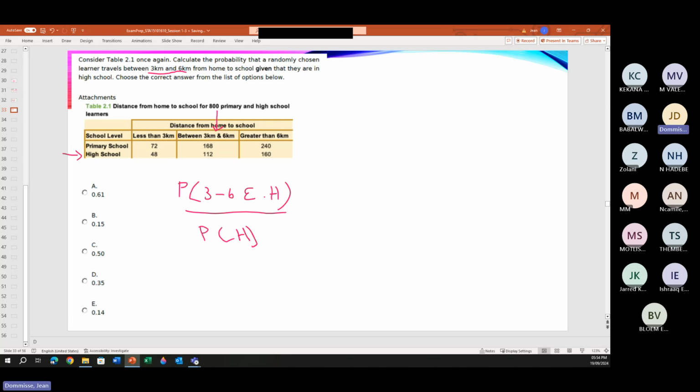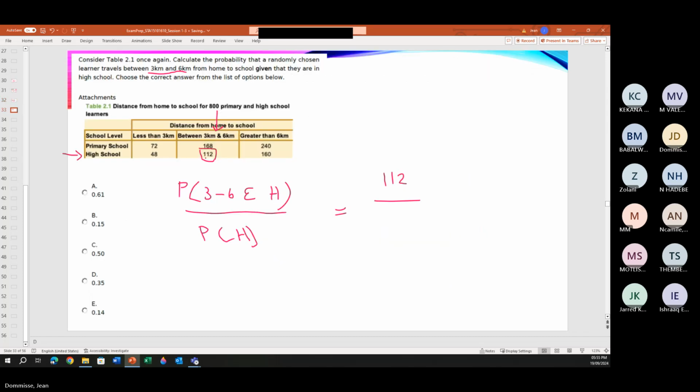So the probability of the and is 112, divided by the probability of high school. I think that was 320, but let's just quickly add those together again.